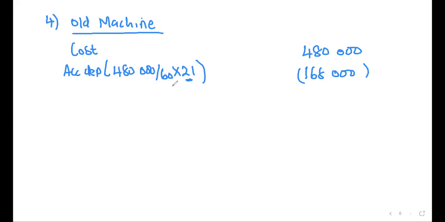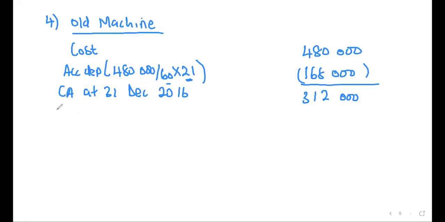That's the reason why it is easier to convert to months. So we need the carrying amount at 31 December 2016, which means we're just going to subtract these two. It's going to be 312,000.